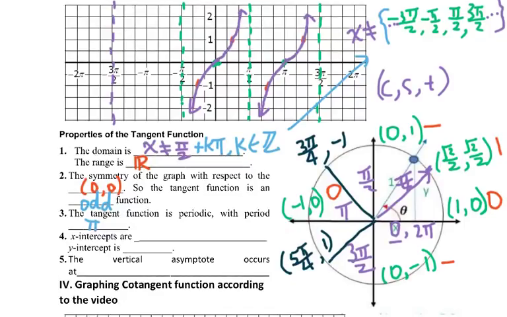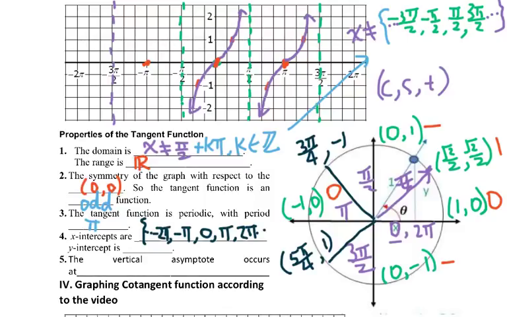The x-intercept will be 0, and you have pi, then you have negative pi, then 2 pi, and negative 2 pi. So you can write it down like this. It will be from 0, then you go to pi, to negative pi, then 2 pi, then negative 2 pi.